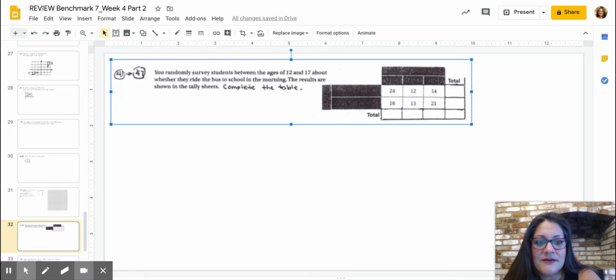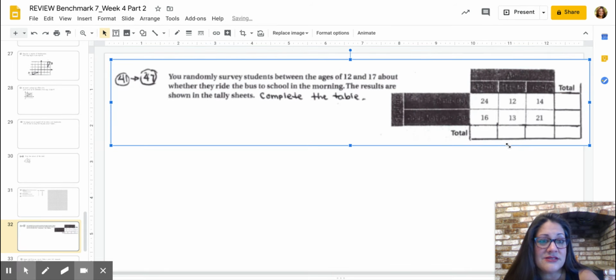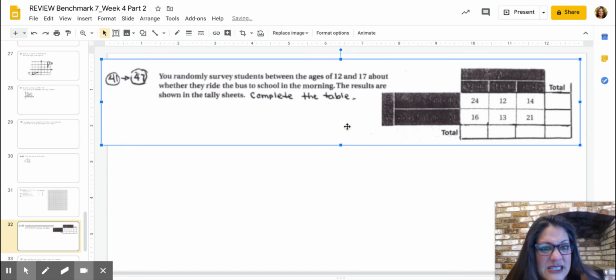Let's see if we can enlarge that and make out what it says in each of those. Good news is that to complete the table, it's pretty easy.